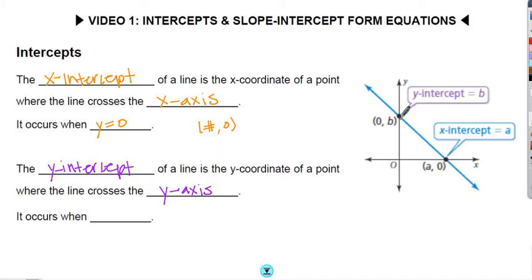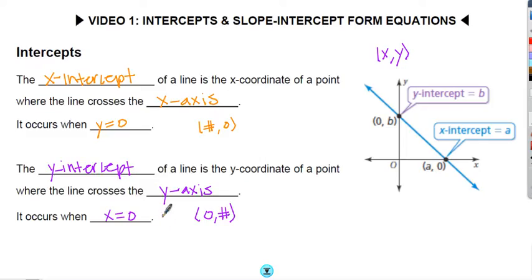The y-intercept occurs when the x value is 0. Again, an ordered pair is always x comma y. X comes first because in alphabetical order x is before y. For the y-intercept, the number is on the y-axis and x is 0. So the y-intercept is always 0 comma a number.